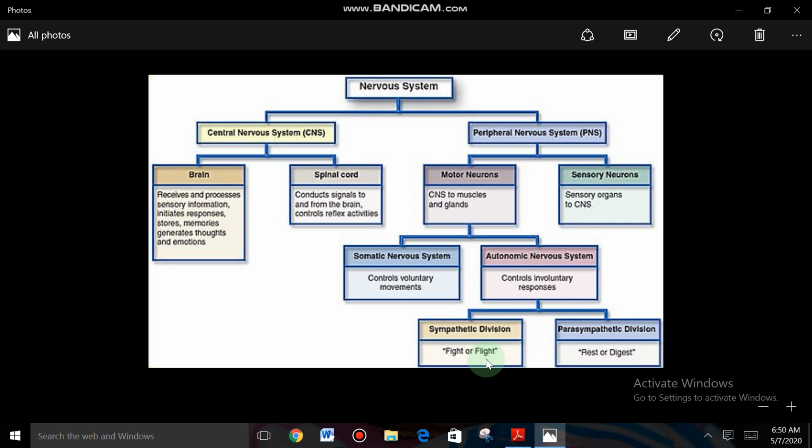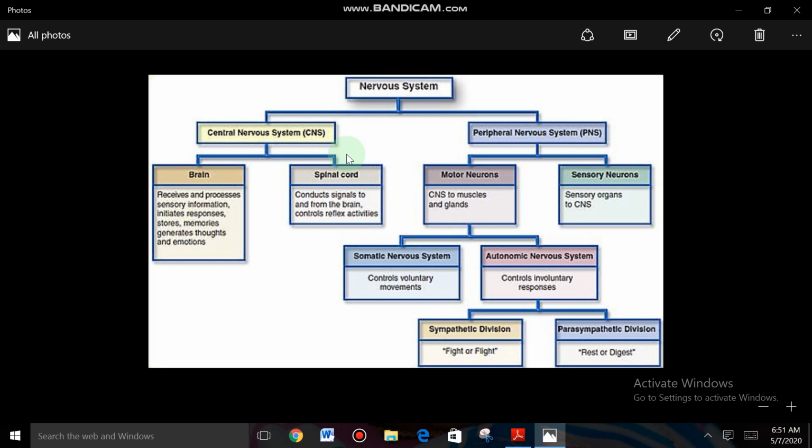The ANS again has two divisions, the sympathetic and parasympathetic nervous systems. Motor neurons are efferent neurons, from the CNS to muscles, and sensory neurons go from sensory organs to the CNS. All the voluntary body functions are controlled by the SNS, and all the involuntary body functions are controlled by the ANS, right?